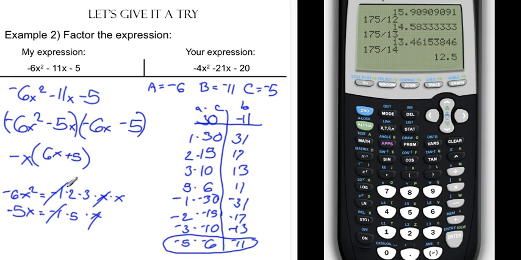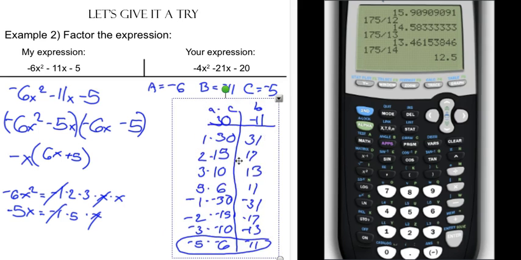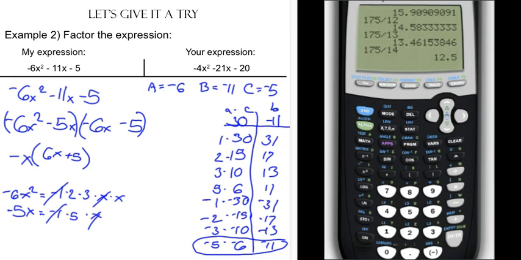All right, let's try the other set. I can see that I end up with the same term, or the same polynomial twice, so that's a good sign.